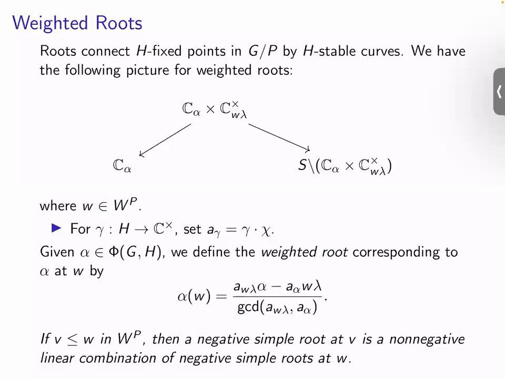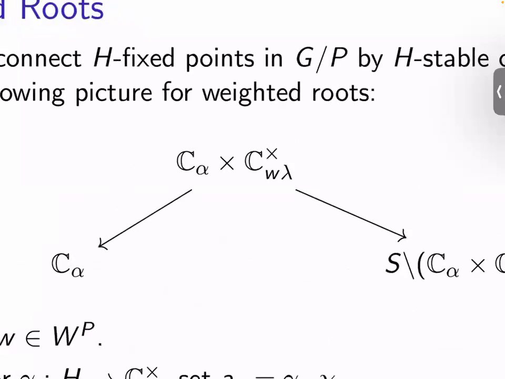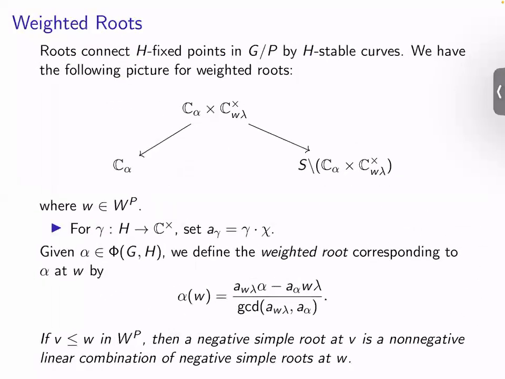So the C_alpha at W, pull it up, the C_alpha cross C_{w lambda}^* is, viewed from H, what the pre-image in Z looks like in this principal bundle. Quotient out by S, that's going to be a line with weight given by some weight of H, which is what we call the weighted root. So that's where weighted roots come from.